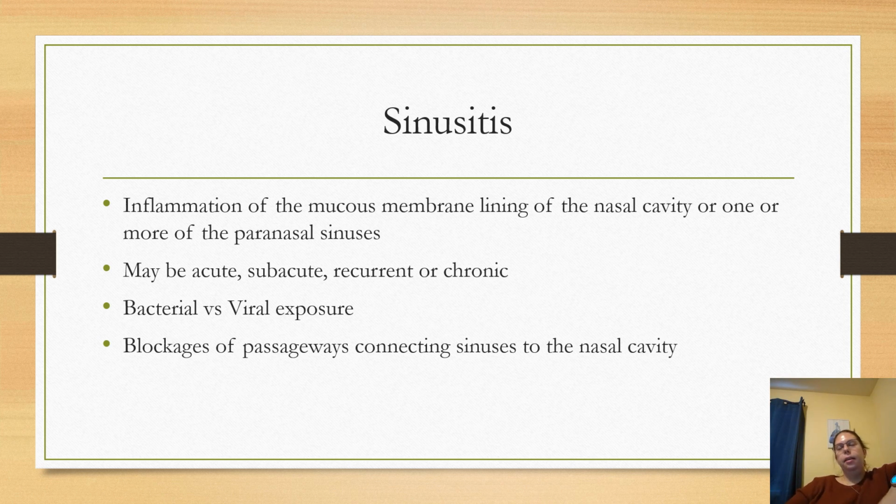Okay, and like I said, bacterial versus viral, it's really hard. I don't give people antibiotics for a sinusitis until it's after day 10. If you've been sick 10 days, that's typically the length of time a viral infection would have run its course, so after day 10 is a good indicator.